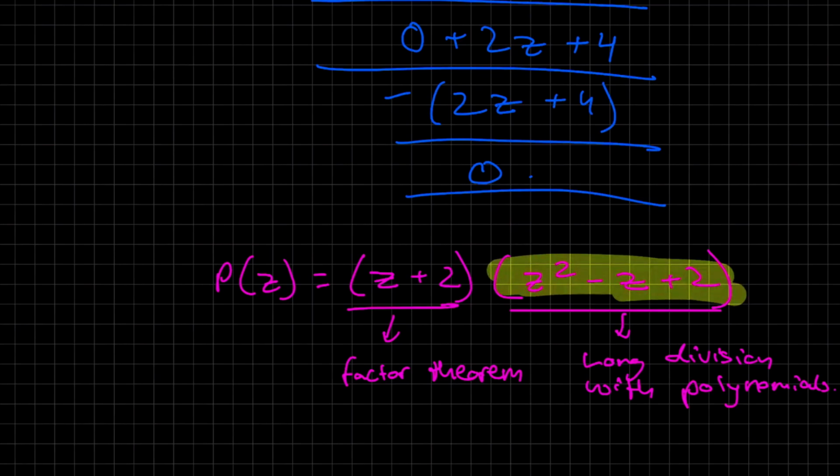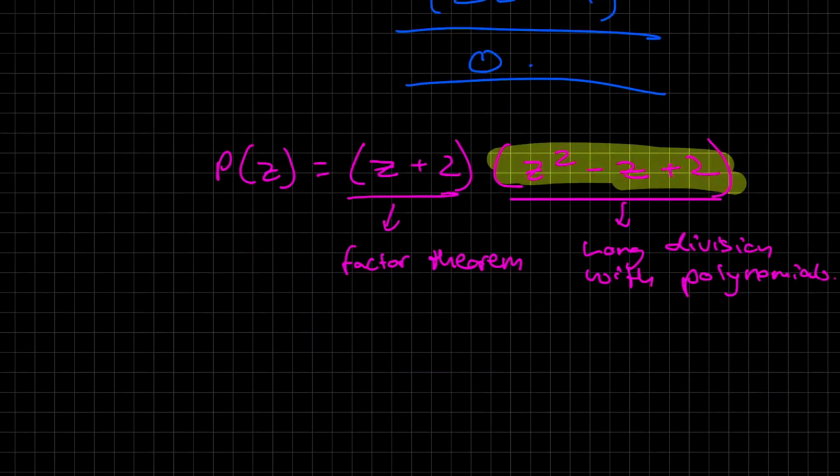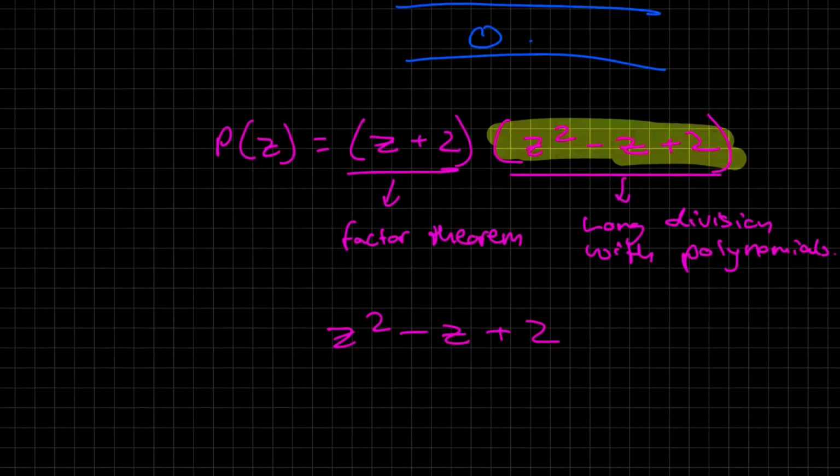Now we went through how to factorize quadratics over the complex plane in the last video, so feel free to check that out. Okay, so we are now factorizing z squared minus z plus 2. We can do this using one of three methods. Here, I will be completing the square.